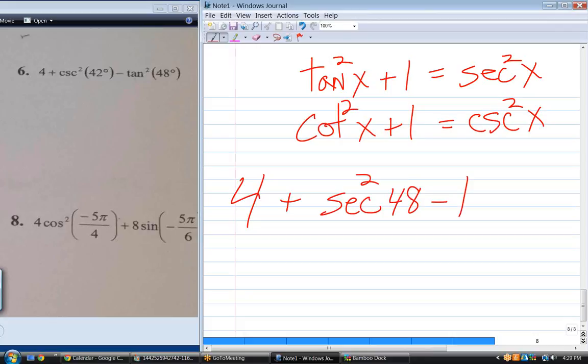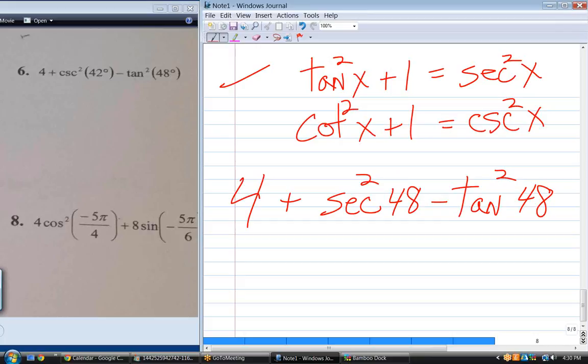And then now we're looking at a tangent squared and a secant squared. We're probably going to need this identity. What is secant squared minus tangent squared equal to? Plus 1. Right. And that's the thing, I said this is hard.